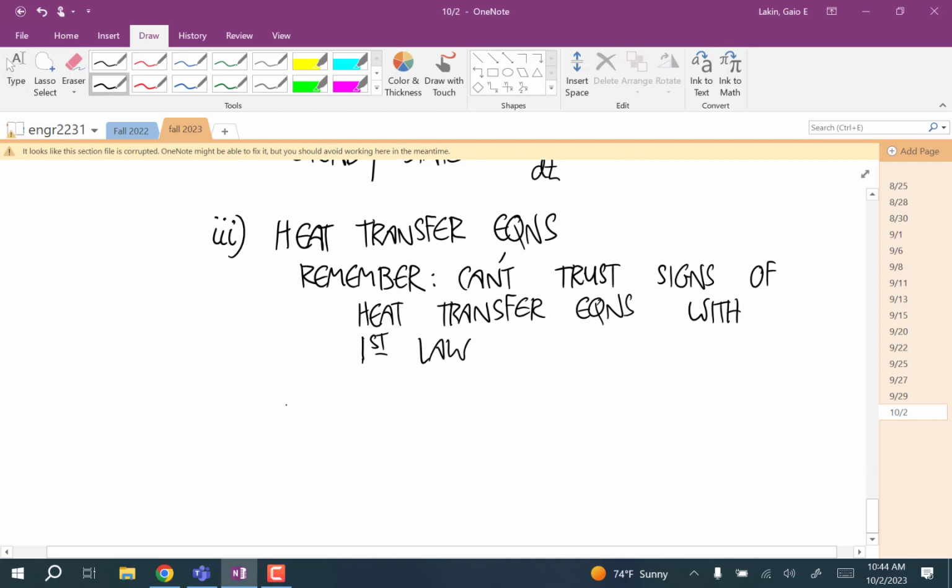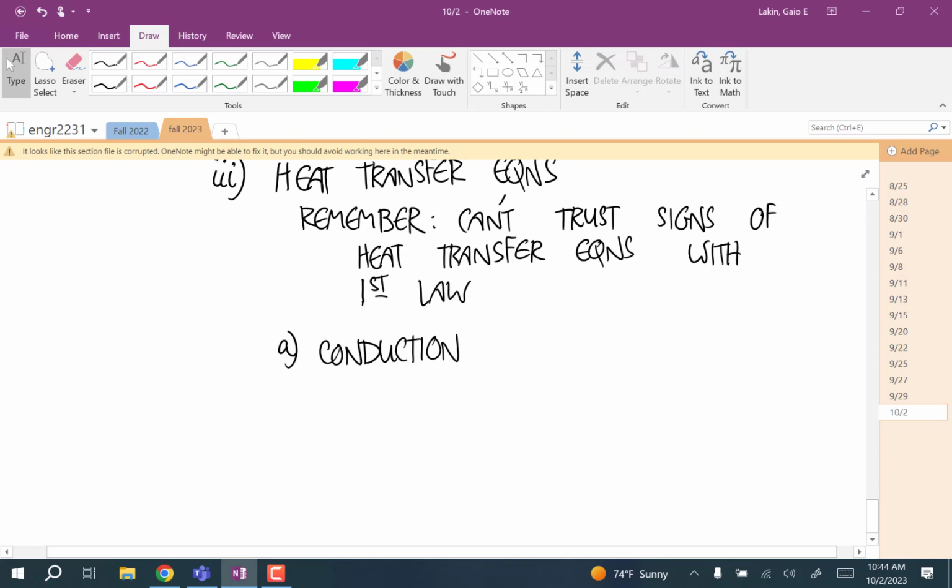Okay, so the heat transfer equations, we have conduction. That says that Q dot is equal to negative coefficient of thermal conduction times the cross-sectional area times dT/dx.